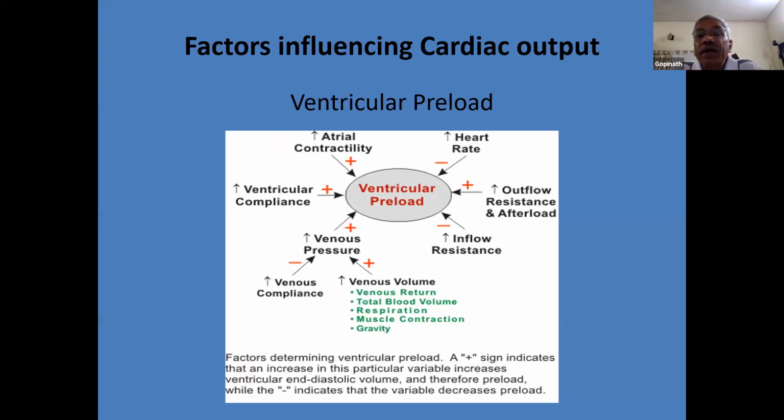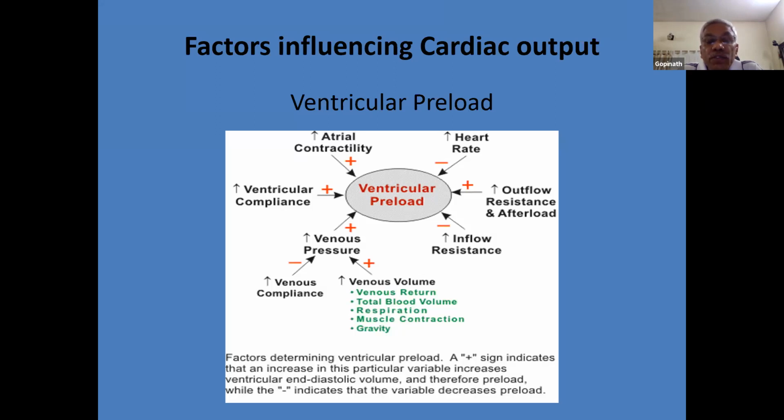So what are all the various factors that influence cardiac output? The first being the ventricular preload. So we must understand that a lot of variables will affect the ventricular preload. Some augment preload, some reduce preload. So the factors which augment are obviously atrial contractility, that means more volume of blood into the ventricle.